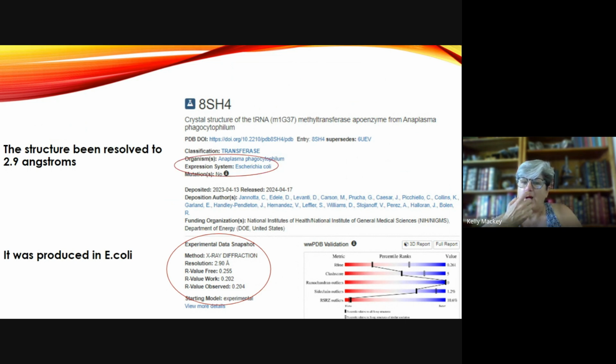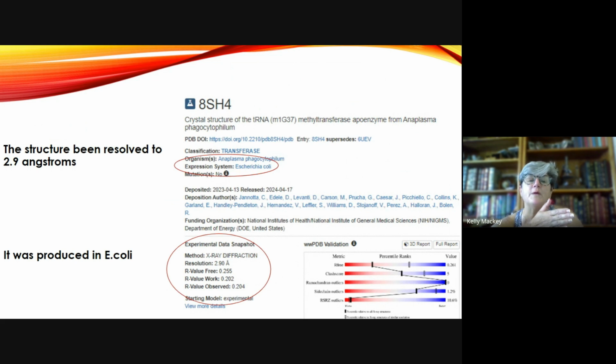So looking at people's answers when sometimes people got things wrong, I think maybe we need to just go over the difference here. The organism that normally produces the protein in nature, the one that you'll find the gene for this TRMD, is the Anaplasma phagocytophilium.